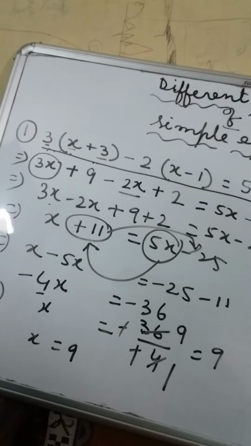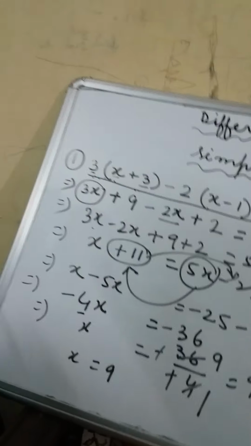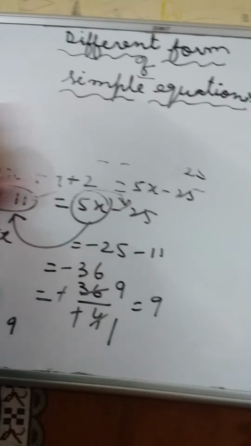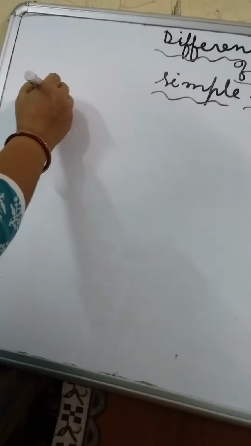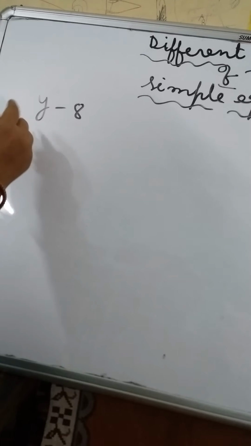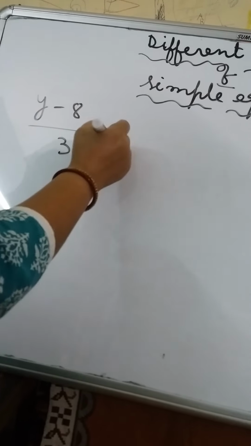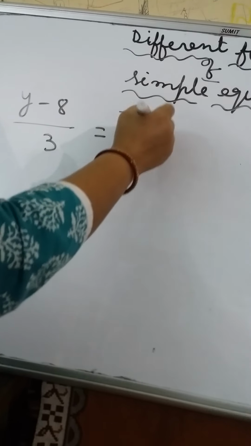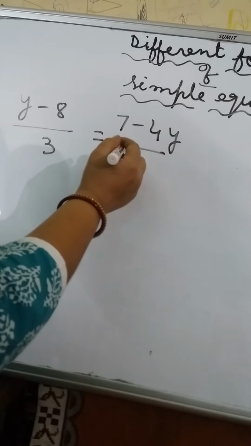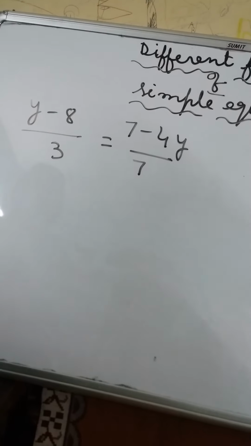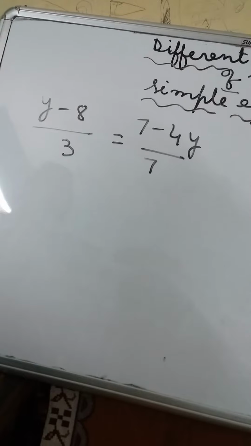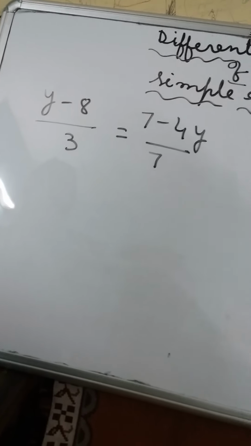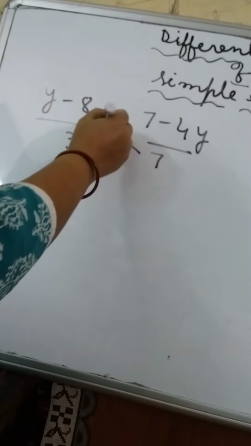Okay, let's take another type of equation. Now, if the equation looks like this, what can you do to solve it? You have to cross multiply.